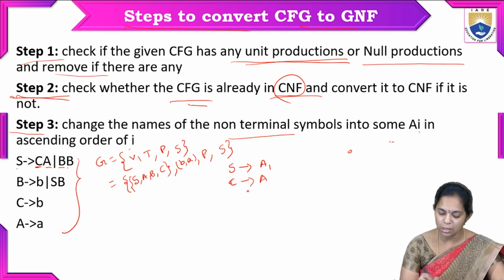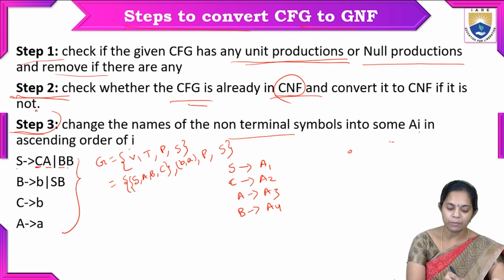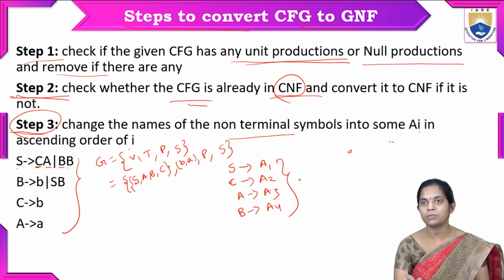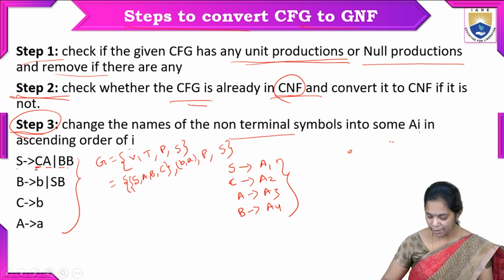So C becomes A2, A becomes A3 and B becomes A4. So like this, in the third step, we assign the non-terminal symbol names in ascending order.